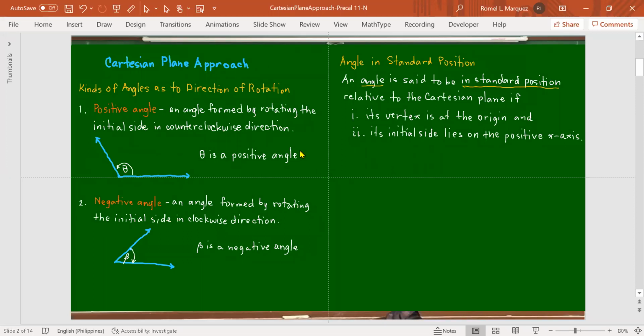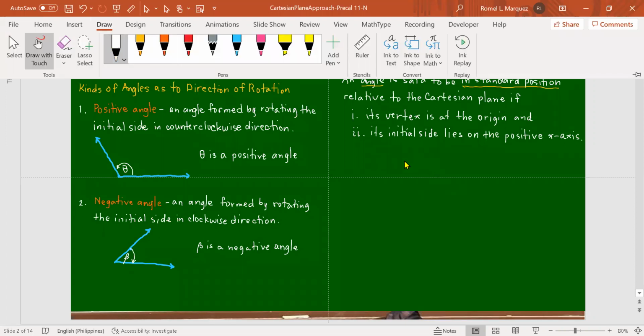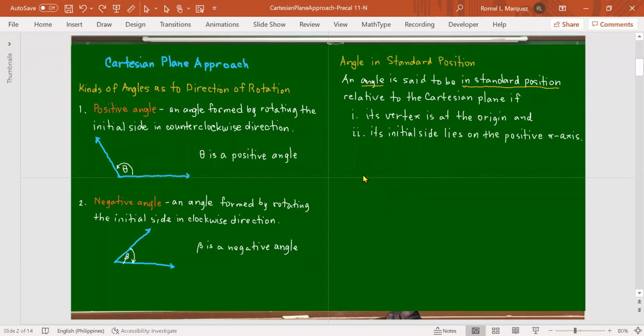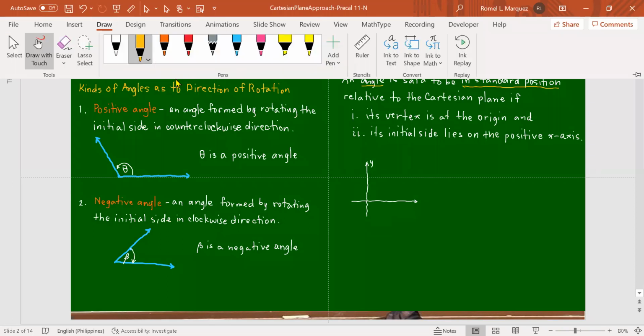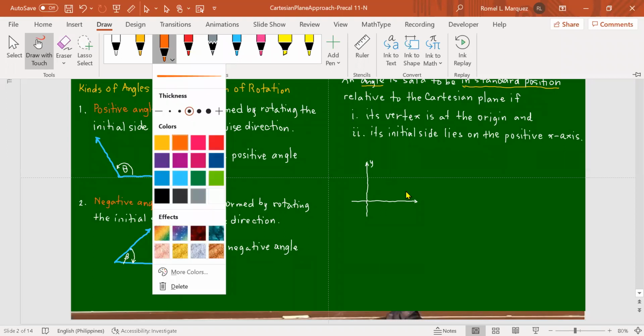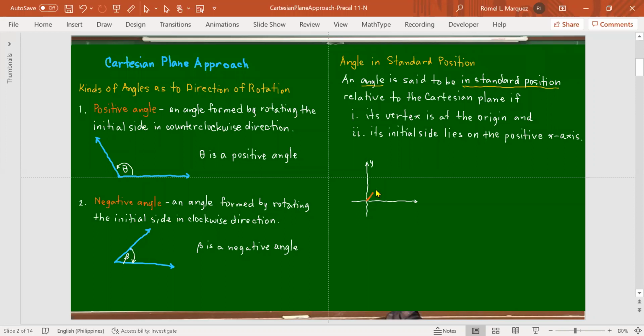Okay, so let's illustrate that. Let's say I have this Cartesian plane. Then let me draw an angle. Let's say this is the angle that I'm going to draw.